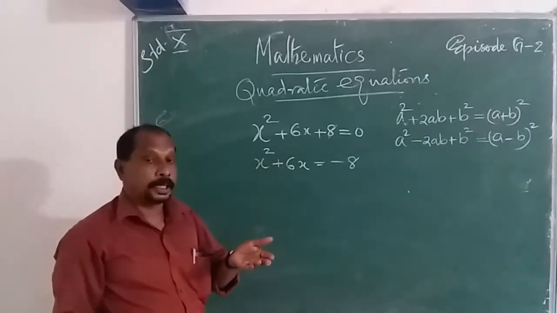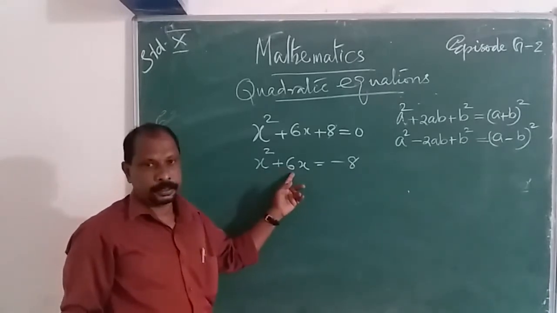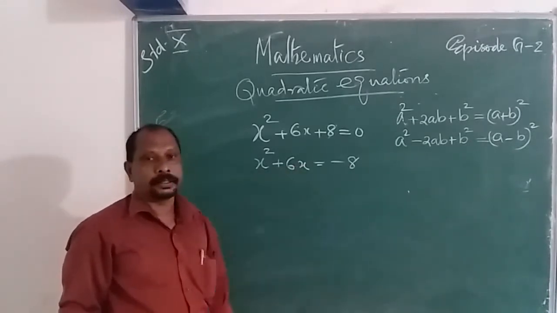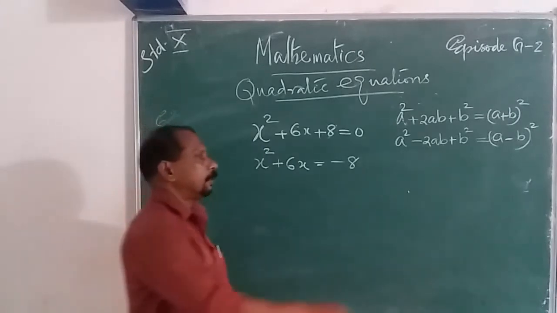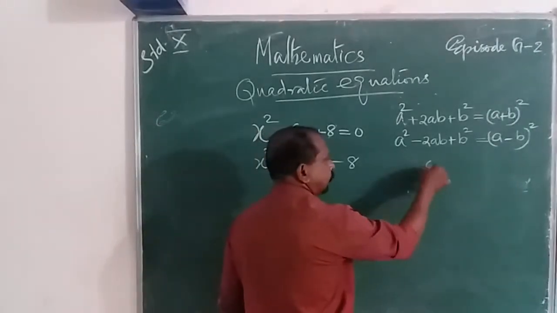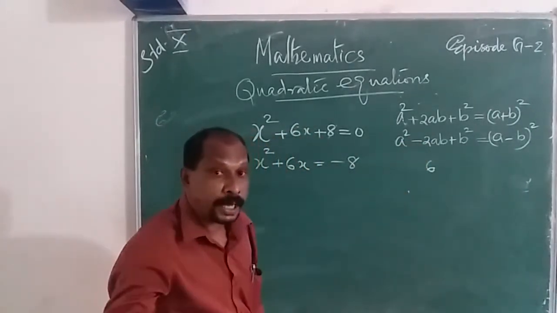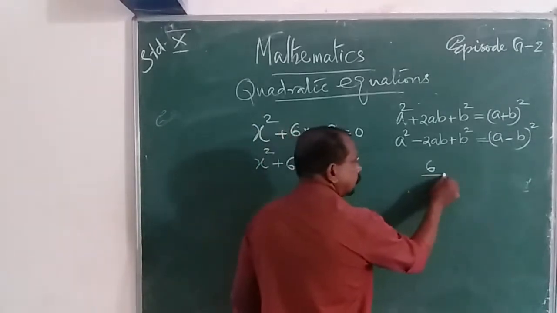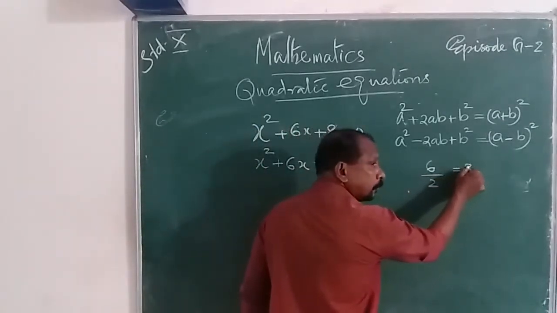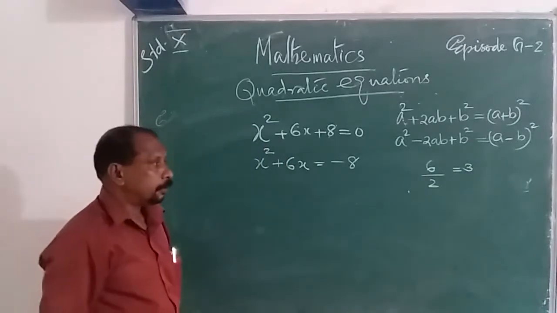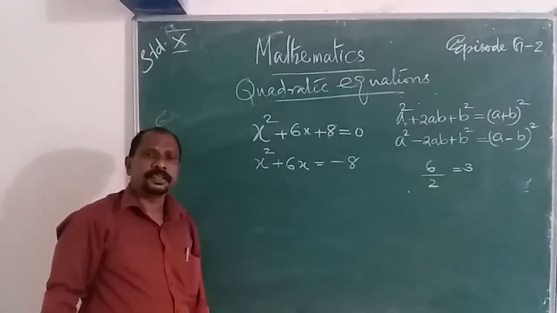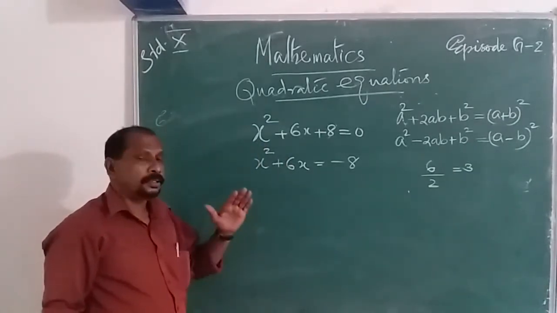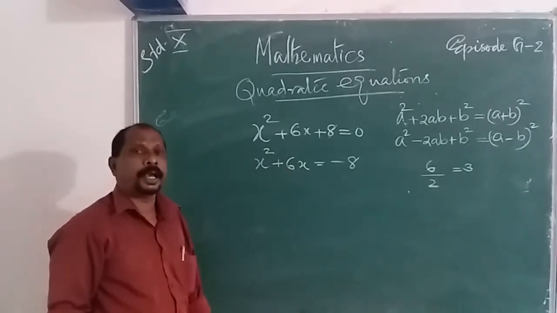Then what is the second step? That is 6x. The coefficient of x is 6. Half of that, that means 6 by 2, is equal to 3. Then 3 square is what? 9.